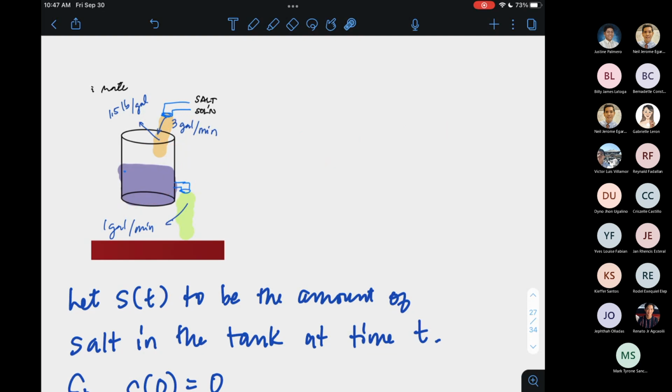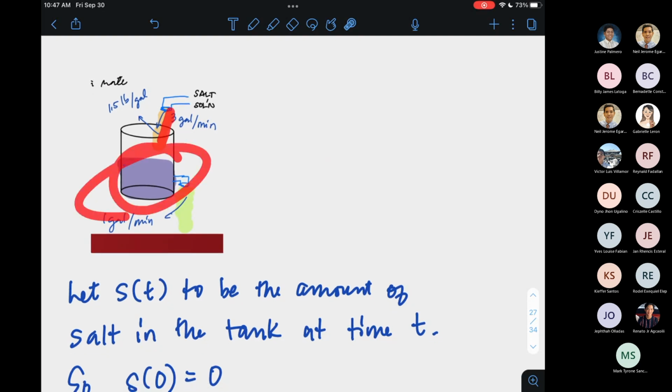Mas kukonti na yung salt per gallon. Kasi nga 1.5 per gallon dun sa original solution, pero nadadagdagan na siya ng water, so nadidilute na siya. Actually, kailangan nating tingnan ano yung concentration.